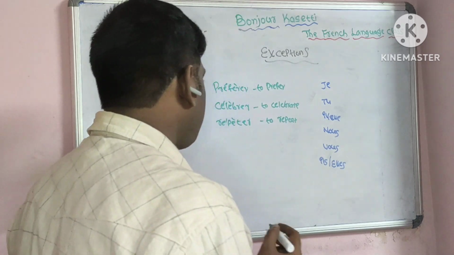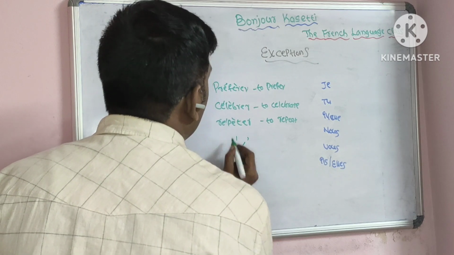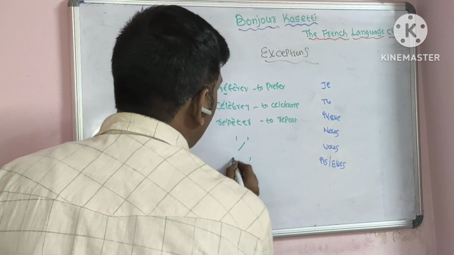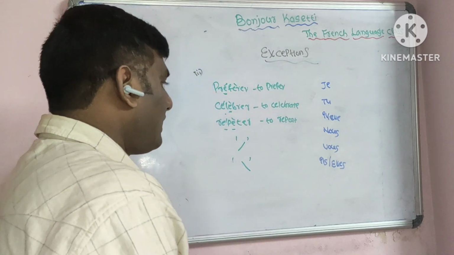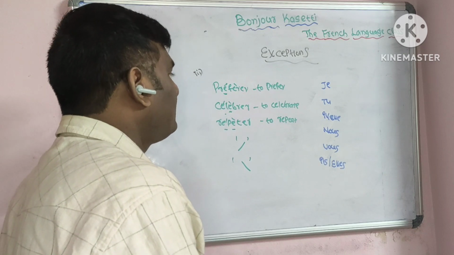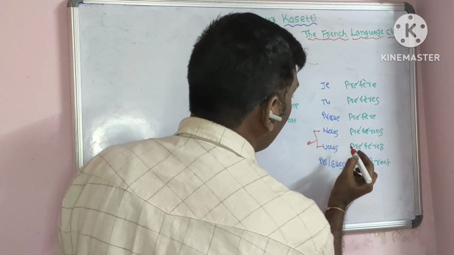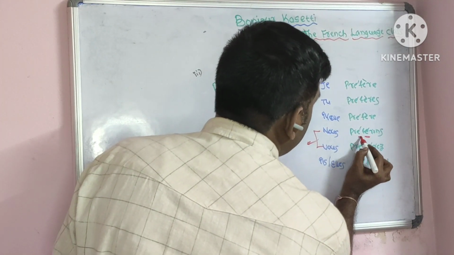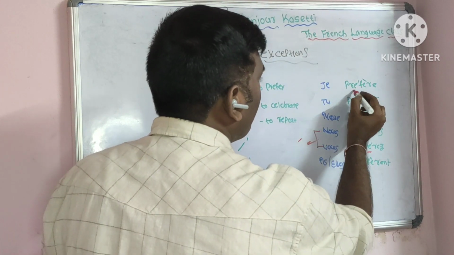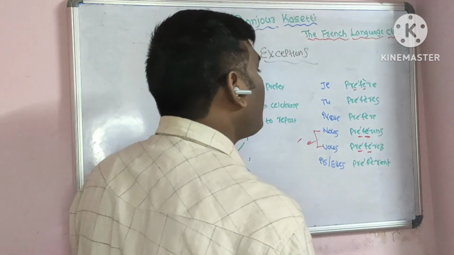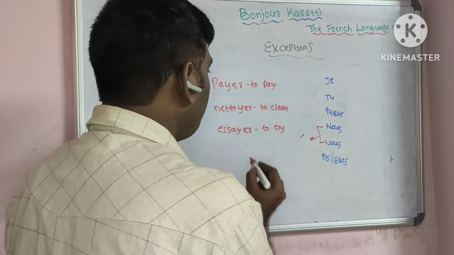While writing these kinds of verbs, we add an accent aigu for the first e and an accent grave for the second e. Same, while writing the conjugation, we have some exceptions for nous and vous. Here for nous and vous, for both e's we are adding the accent aigu only. For the remaining forms, the first e gets an accent aigu and the second e an accent grave. This is the exception.